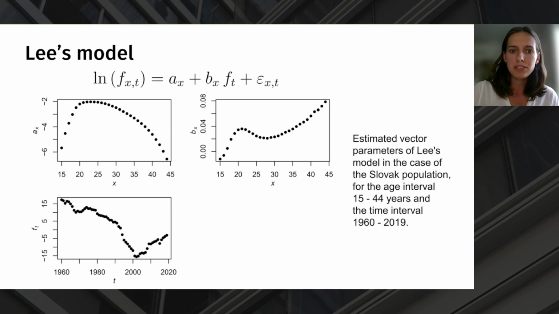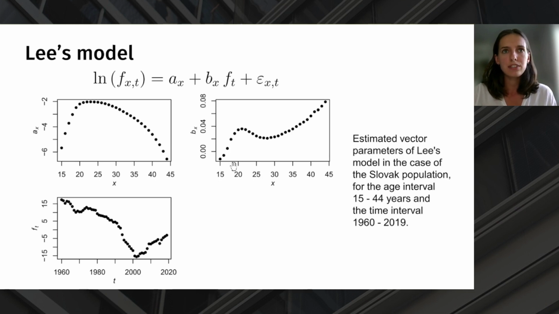It can capture the basic natural fertility levels, which are relatively low at a younger age, then gradually increase, peaking around 22 to 23 years, and then decline with increasing age.